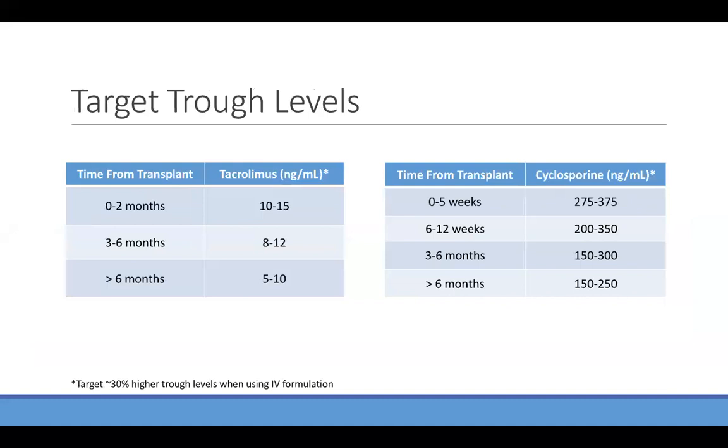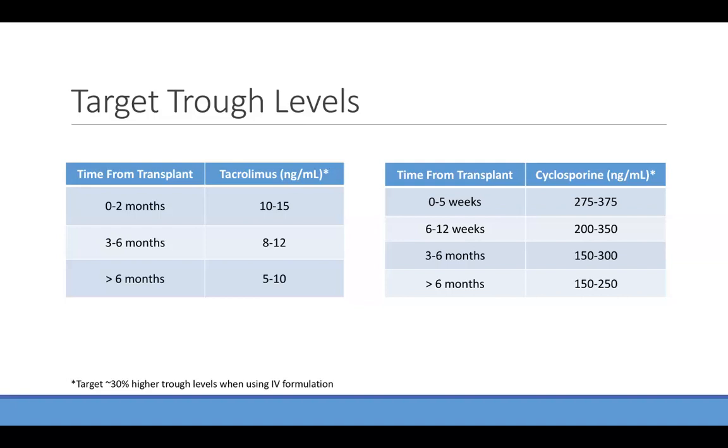So per our protocol, these are the target trough levels. For the first 2 months, we'd like to have our tacrolimus 10 to 15, 3 to 6 months, 8 to 12, and greater than 6 months, you can have it anywhere between 5 and 10. But this is honestly very patient specific. Many variables can go into this dosing.